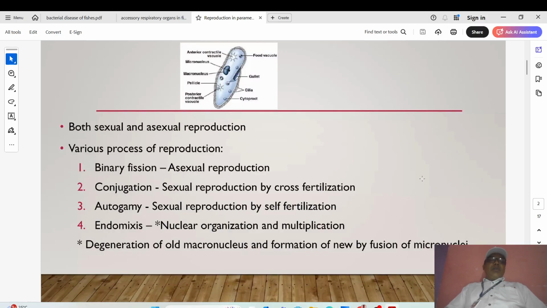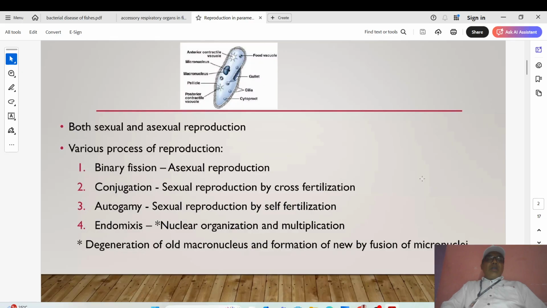So first of all, we will see the types of reproduction. Binary fission is asexual reproduction, and conjugation is sexual reproduction by cross fertilization.